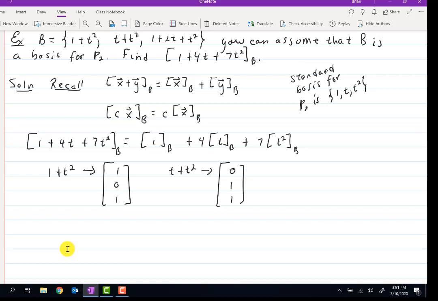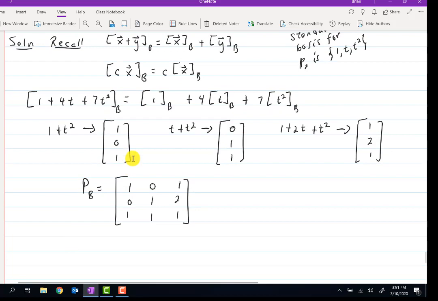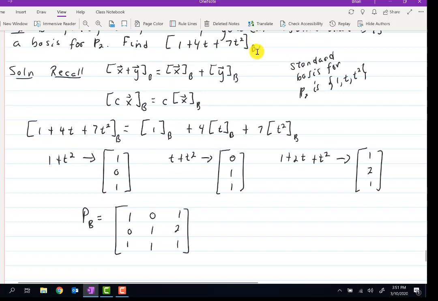And finally, the last one, 1 plus 2t plus t squared will go to 1, 2, 1. So my PB matrix is 1, 0, 1, 0, 1, 1, 1, 2, 1. And what I want to do is find the XB, that's what I'm trying to find here, the B representation of this particular vector.